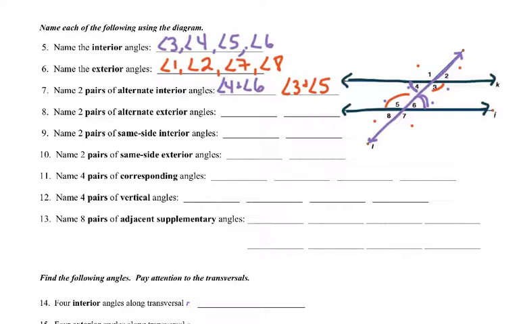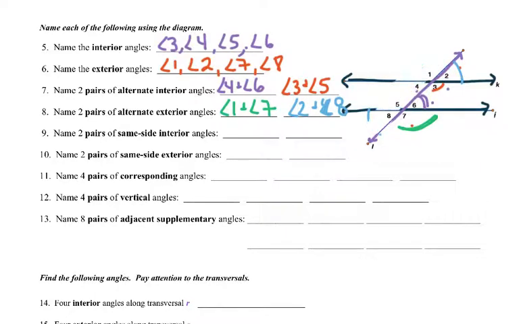Now we have 2 pairs of alternate exterior angles. So alternate exterior are on opposite sides on the outside of the transversal. So this would be angle 1 and angle 7 and angle 2 and angle 8. And again, you can say the pairs in any order. Like I could say angle 8 and angle 2, that would be fine. But I have to have the angle symbol.